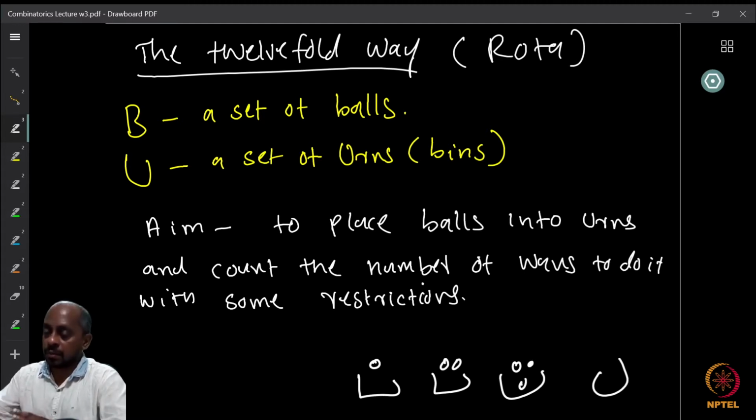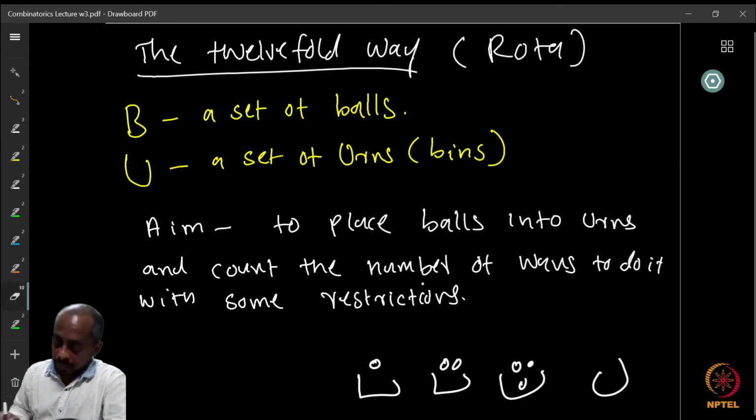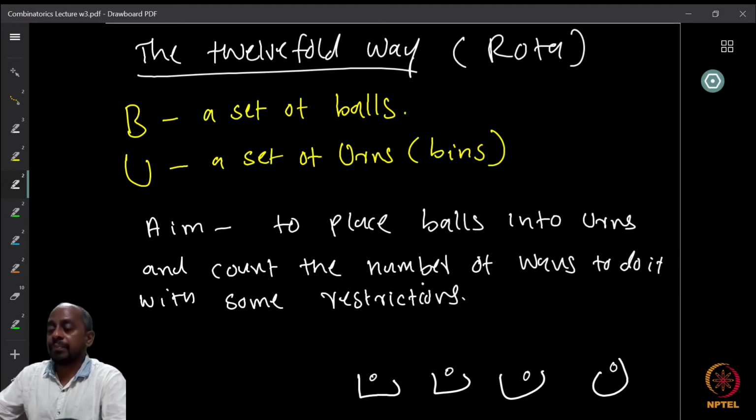You can do whatever you want, whichever way you want. Then you can also say that I want you to put at most one ball into a box. Okay, so a box cannot contain more than one ball. That is one restriction that you can put.